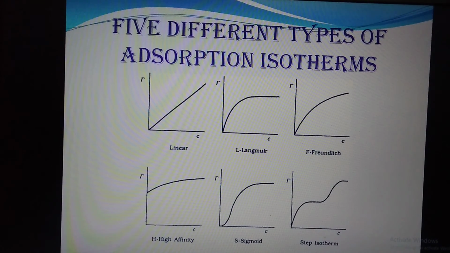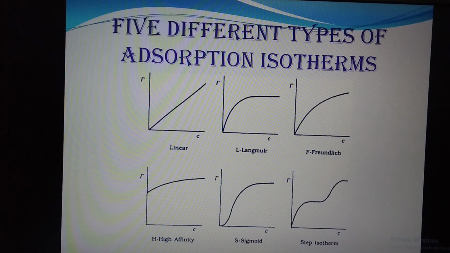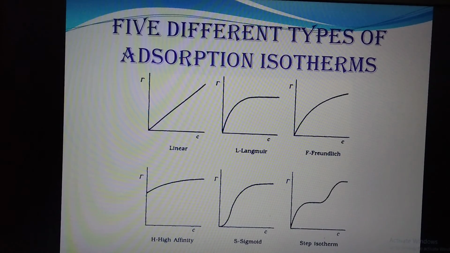And another type of graph that we are going to see, they didn't mention here, I think. Yeah, they didn't mention that kind of graph here. I will just explain it to you.